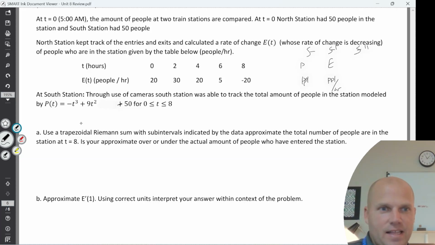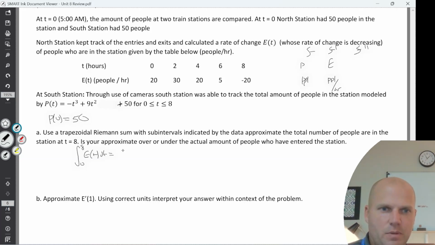Well, it makes sense that the amount of people in South Station at time 0 is 50. There it is. Cool. Use a trapezoidal Riemann sum to approximate the total number of people in the station at t equals 8. Well, again, if we accumulated E, you would get a change in position.